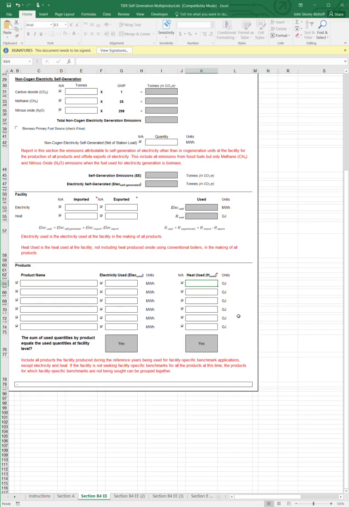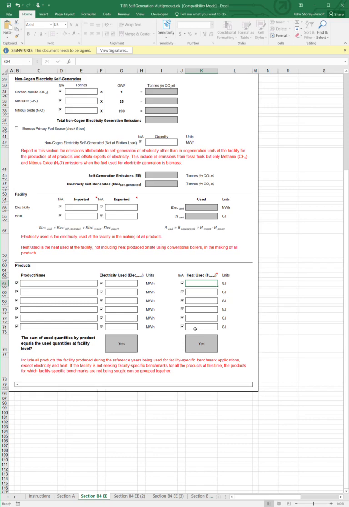All the products produced by the facility during the benchmark's reference period, except electricity and heat, should be included here. If the facility is not seeking benchmarks for all the products produced at the facility, the products for which benchmarks are not being sought can be grouped together and reported in one set of fields.